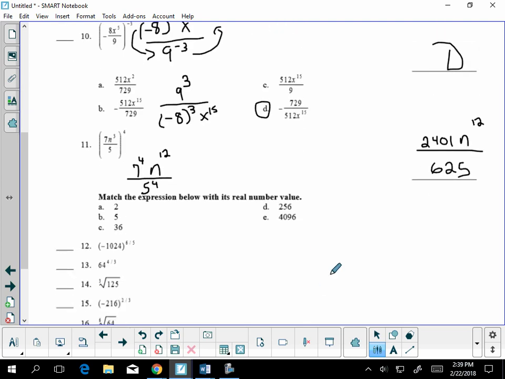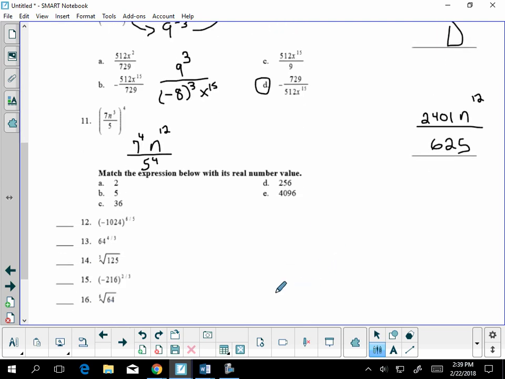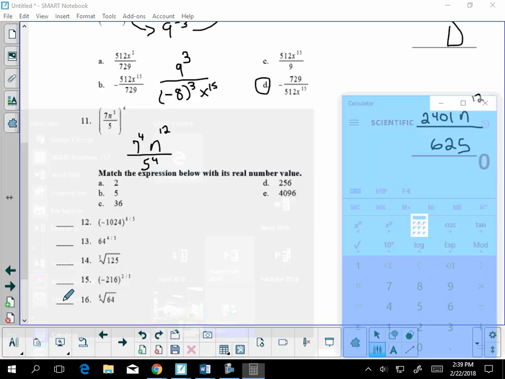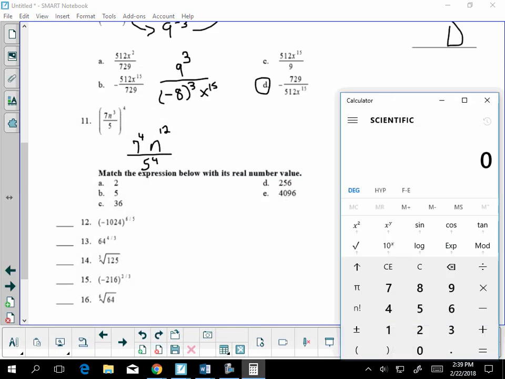All right, on here, this is going to be calculator work. So let's see if we can bring up our calculator. If I wanted to do that first one, I'd hit my parentheses, 1024, make that negative, close my parentheses, and the way that I'm going to do that power is the x to the y, and it brings it up as a little caret.